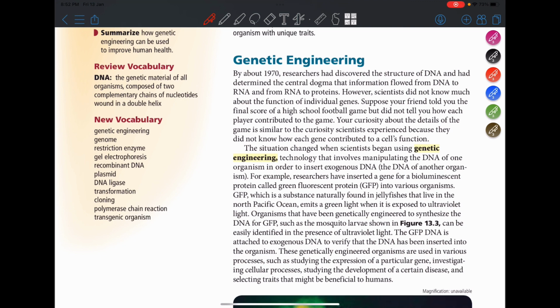So that's what happened with scientists. They knew that DNA goes to RNA and RNA to protein, but they didn't know what each gene does. Scientists were curious about that, right? They wanted to know what each gene does, and that's what gave us genetic engineering.